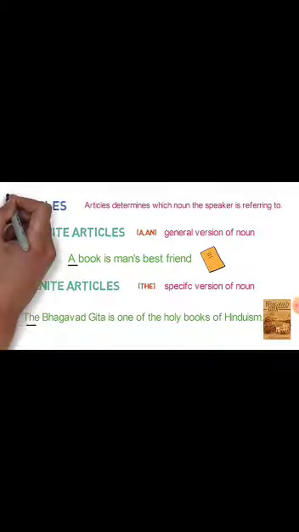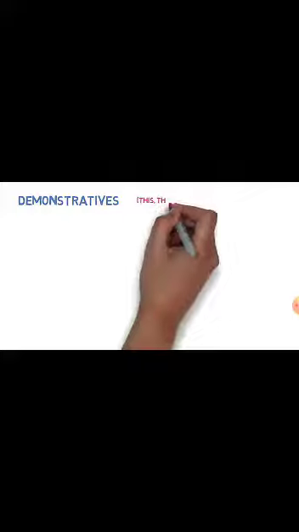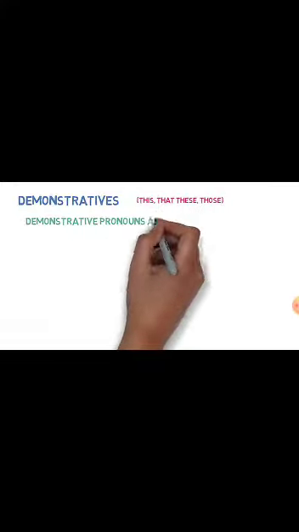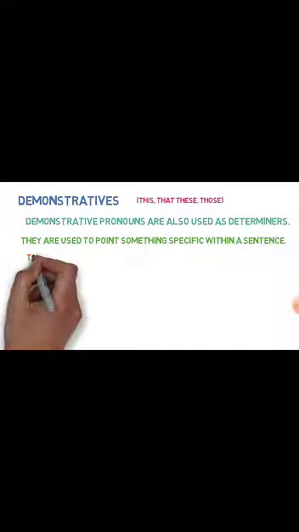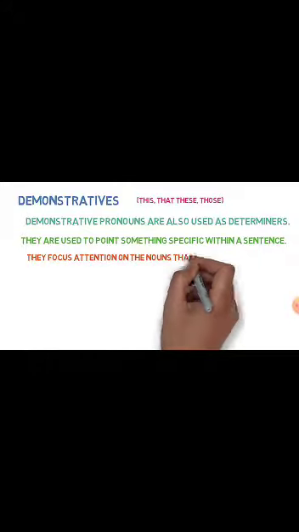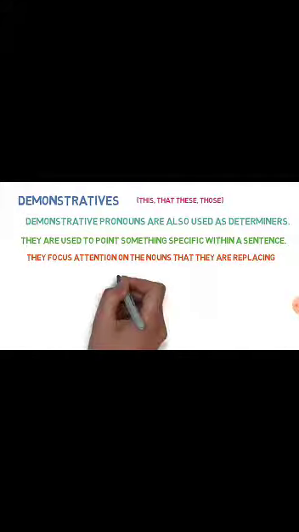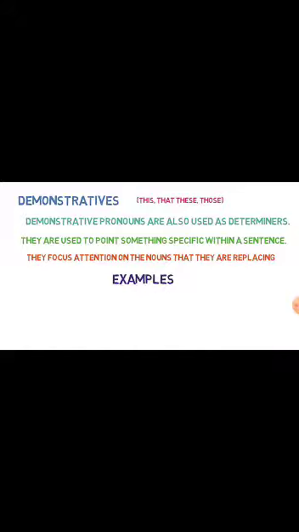Now let's look into the next category, demonstratives. Demonstratives are words like this, that, these, those. Demonstrative pronouns are also used as determiners. They are used to point to something specific within a sentence. They focus attention on the nouns that they are replacing. Let's see examples. I want to go to that movie.